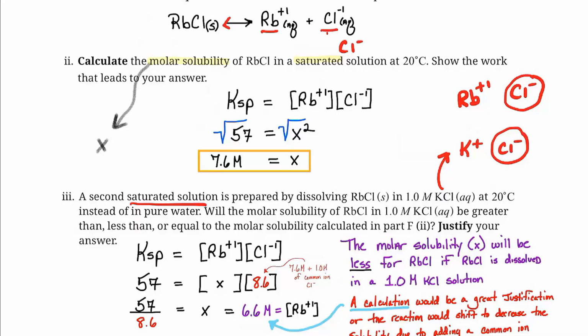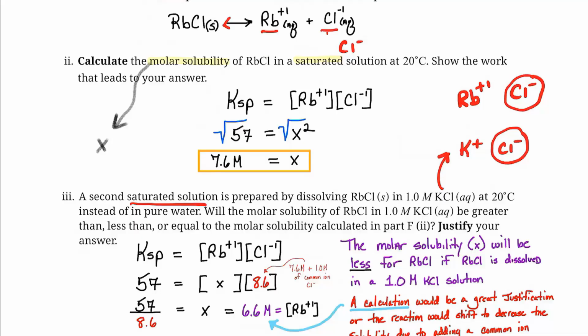Bottom line is you basically, through the common ion effect, have a greater amount of chloride ions, which means the reaction is going to shift to the reverse reaction to use up the chloride ions. As it lowers the chloride ions, because that's what Le Chatelier's principle does, it relieves the stress by working back toward the equilibrium. So to shift to the left, that means the chloride ions have to get used up. That's the whole purpose, but you're going to use up some rubidium.